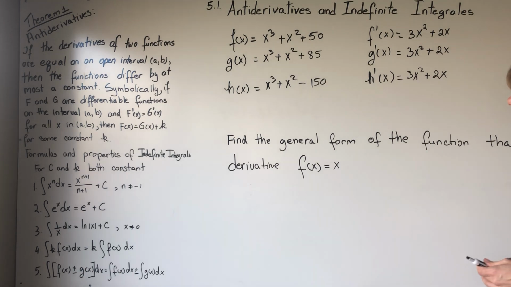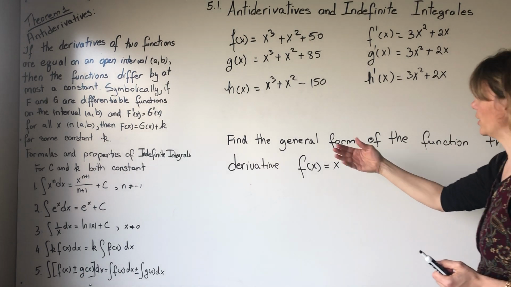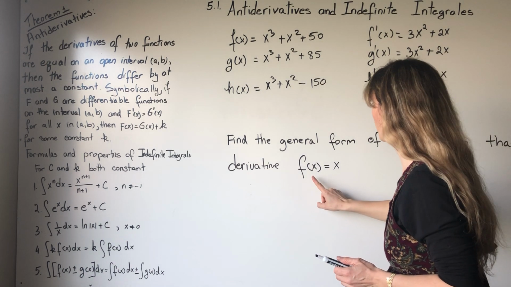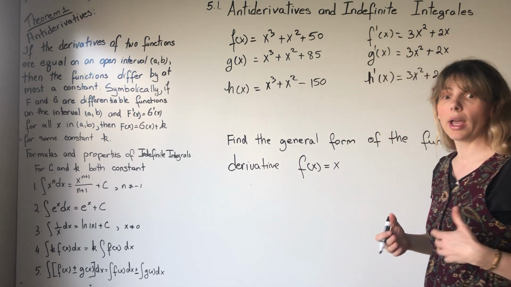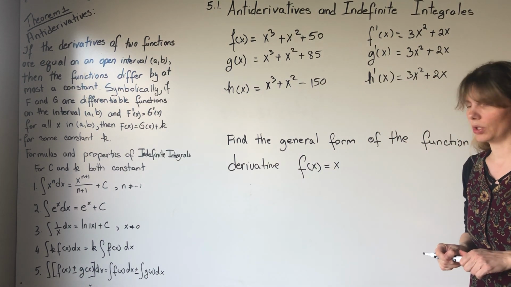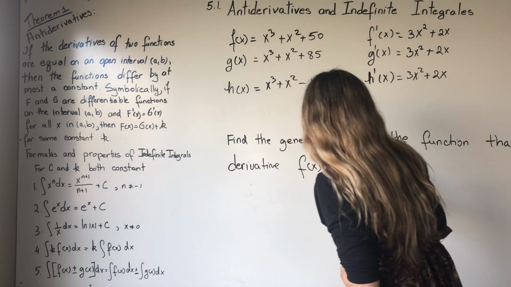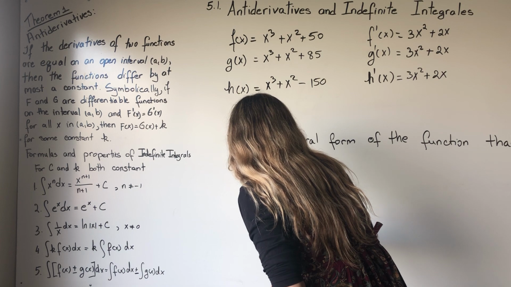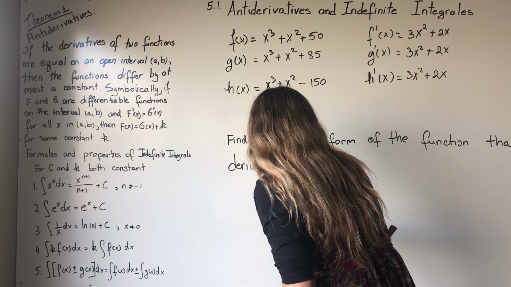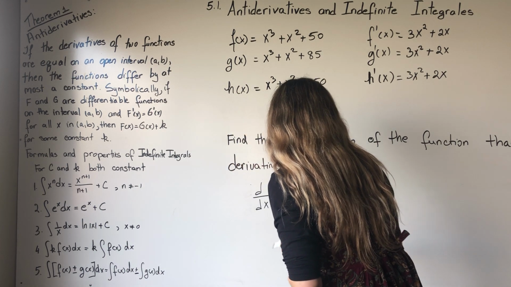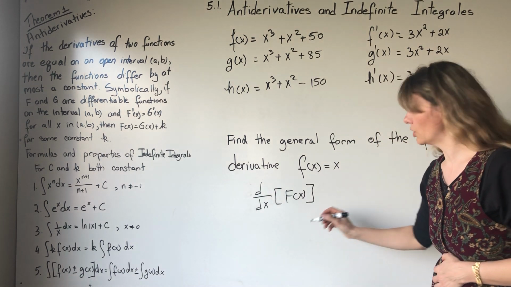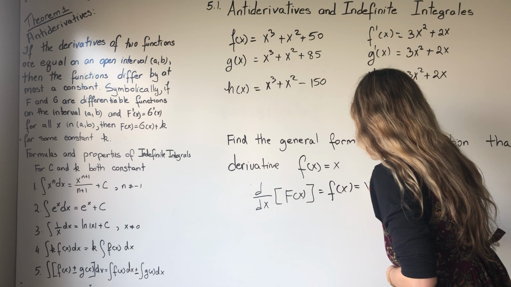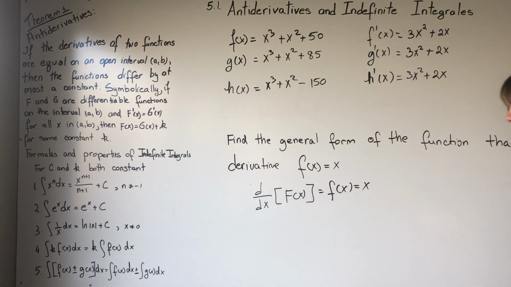So let's find the general form of the function that has derivative f of x equal to x. How can we do this? We can write it as d over dx of my function uppercase F of x, and I know if I take the derivative of this function, it should be x, correct?